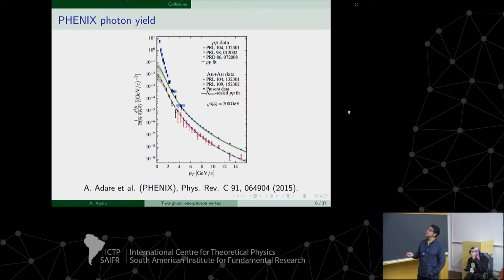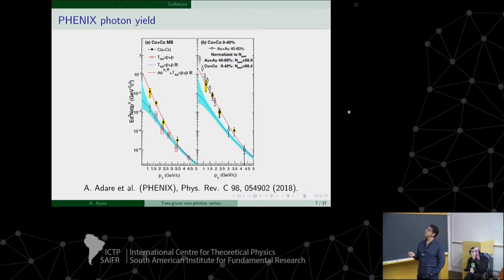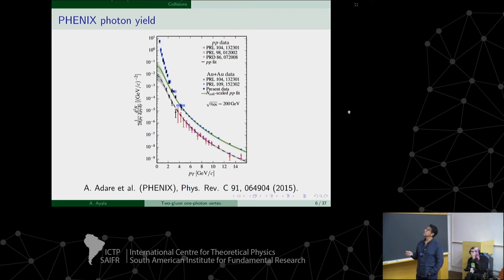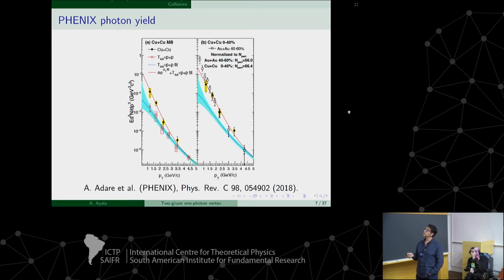So this is the yield, this is pT, and you see for low pT you have a lot of extra photons. This is interesting because it not only happens in gold-gold collisions, but also in smaller systems, like, for instance, copper-copper.